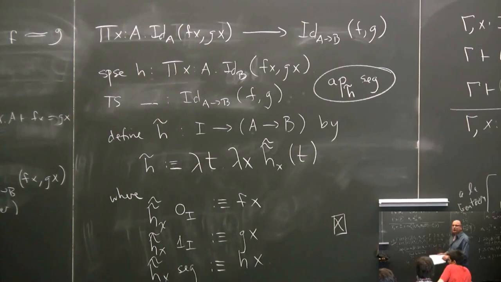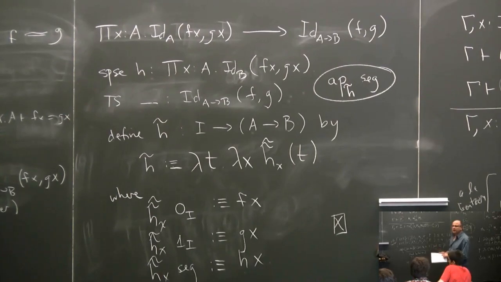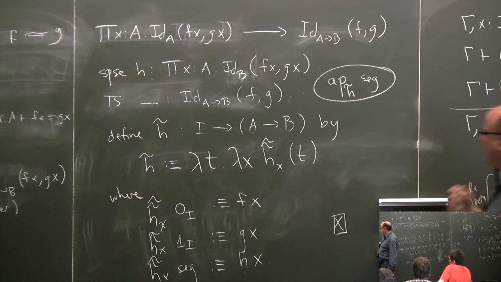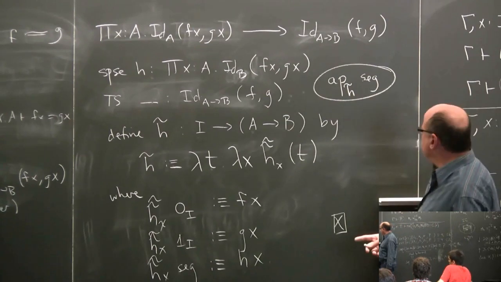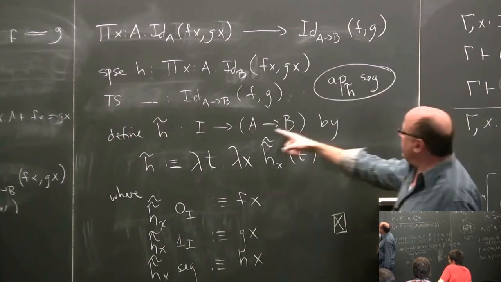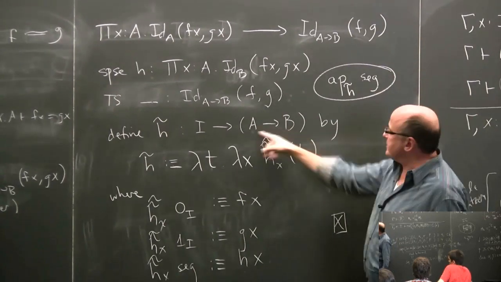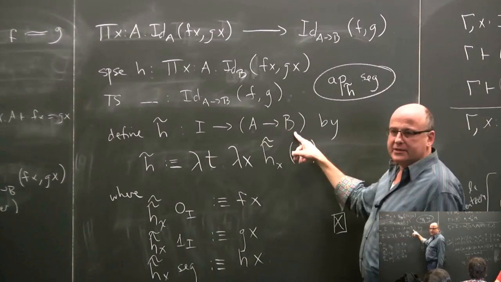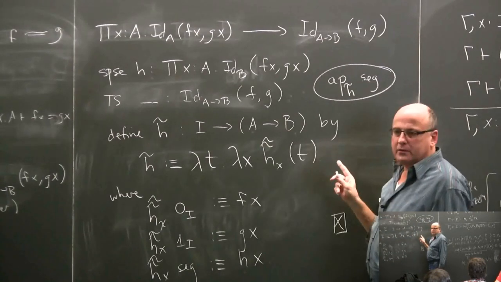Write down the what? H of x is a non-dependent path, and the set is requesting a dependent path over it. Yeah, so you're saying this will come out to be a path over something, but this is a constant family. Is that what you're asking? There's an implicit conversion in order to make.